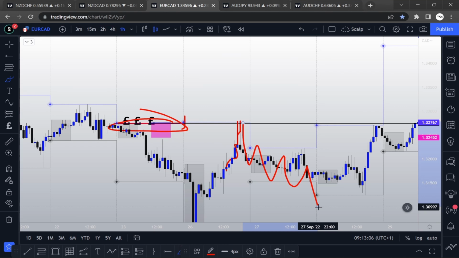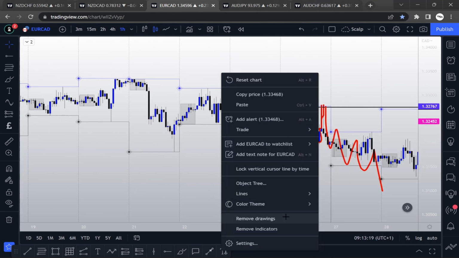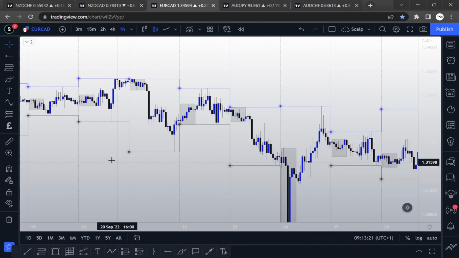That happens quite frequently, and this is the reason why this indicator called high-low day box is so important. Okay, let's now look at more areas in the market where liquidity is.